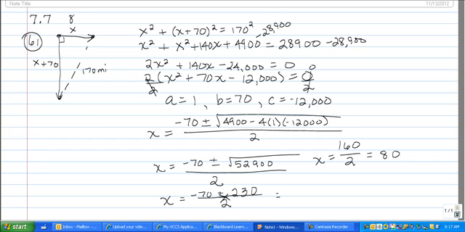So x is 80 miles. And so 80 plus 70, that would be 150 miles. It says, how many miles does each travel? So we've got those two distances. The one going due east travels 80 miles. The one going due south travels 150 miles.